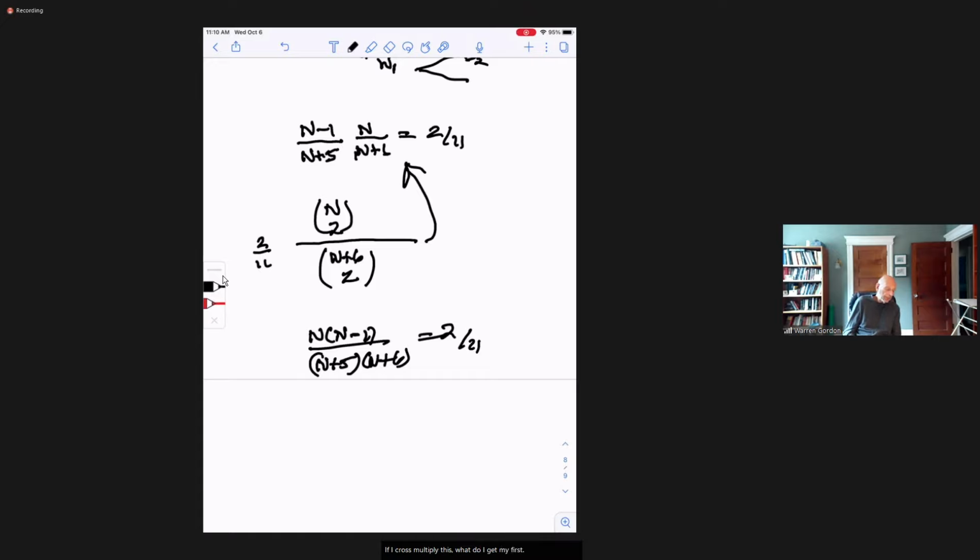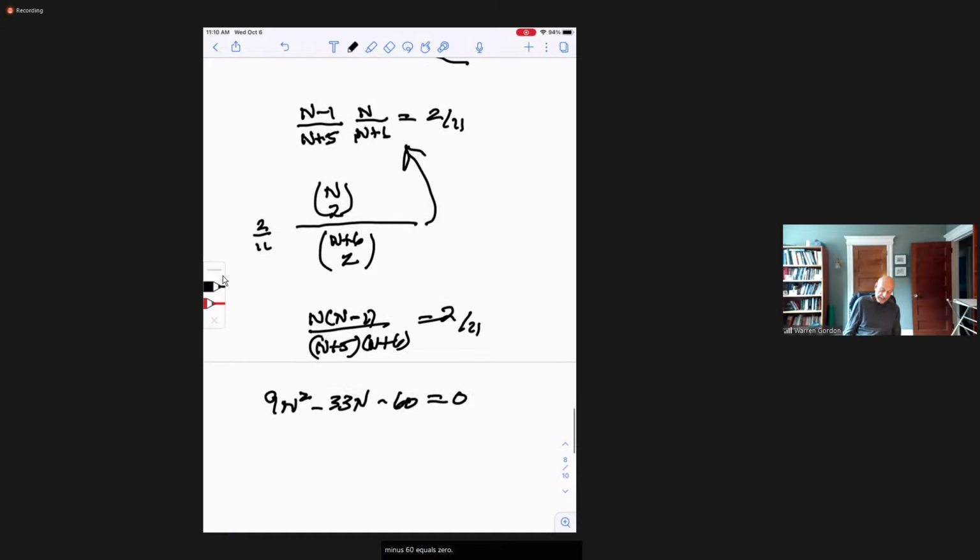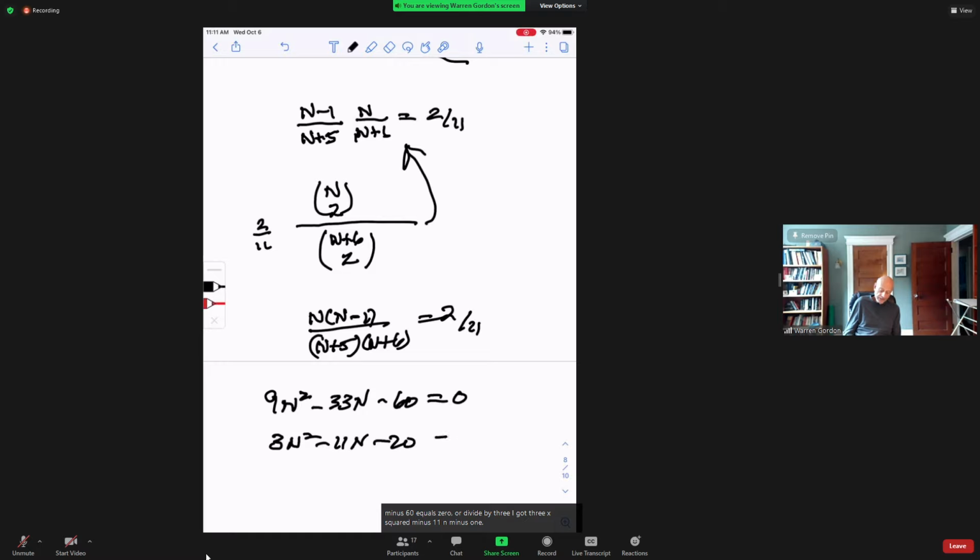If I cross multiply, and then solve it, I get 9n squared minus 33n minus 60 equals 0. Well, if I divide by 3, I got 3n squared minus 11n minus 20 is 0.